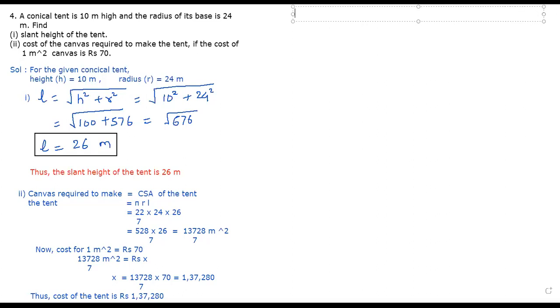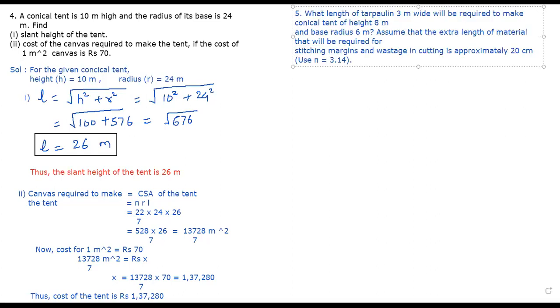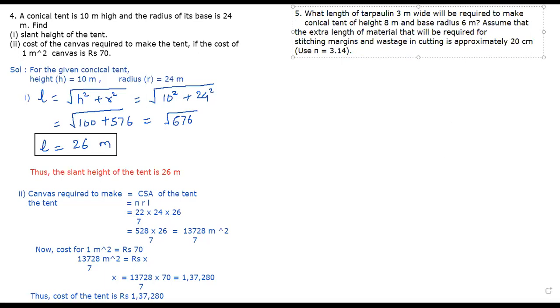Question number 5. Again, an important question, conceptually important. What length of tarpaulin, 3 meter wide, will be required to make a conical tent of height 8 meters and base radius 6 meters?